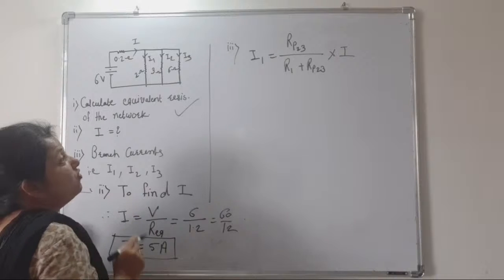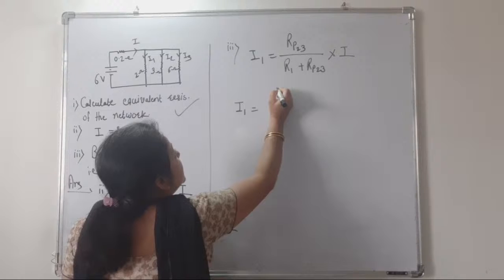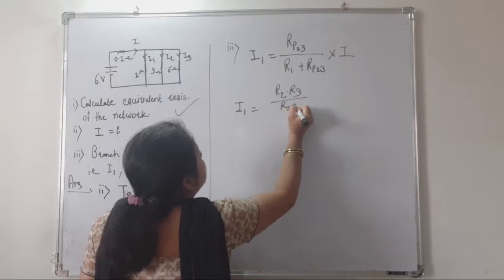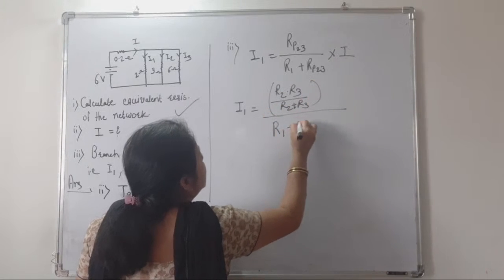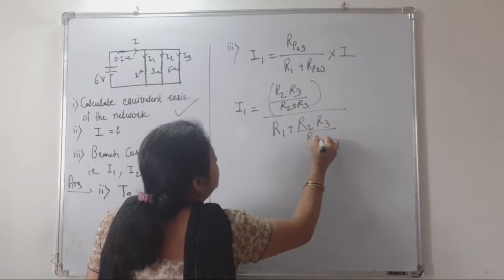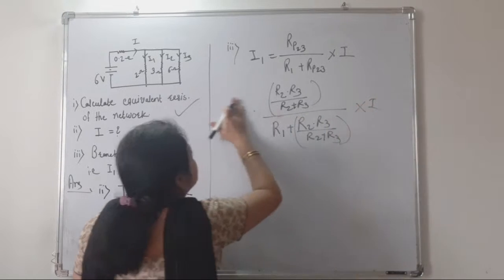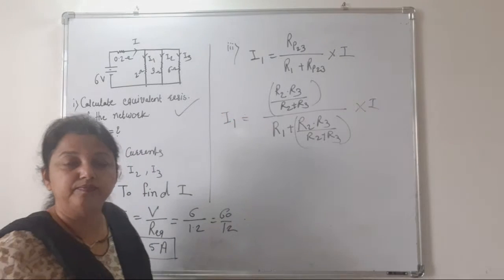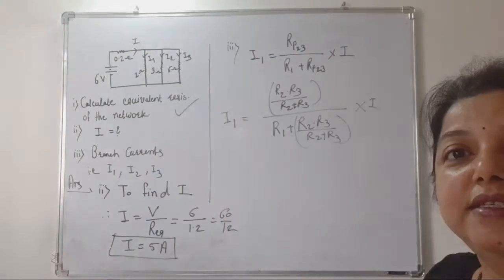What is the formula for Rp23? Therefore, I1 is equal to R2 into R3 upon R2 plus R3, upon R1 plus R2 into R3 upon R2 plus R3, multiplied by I. Does everyone understand this?